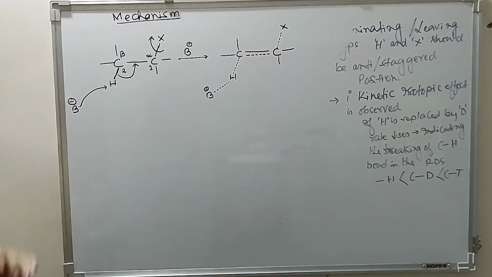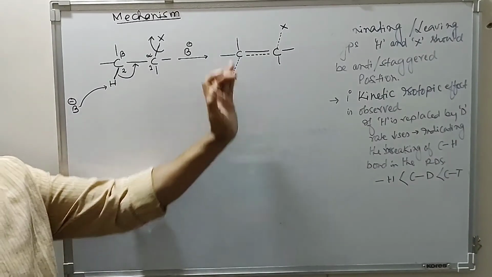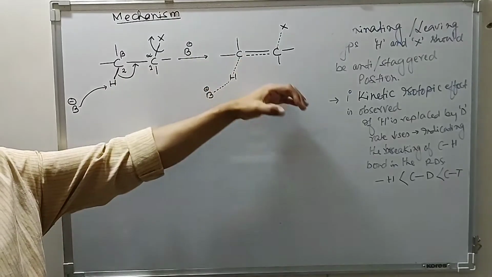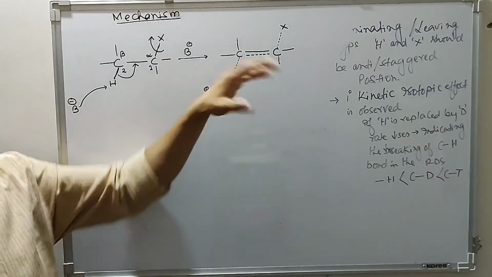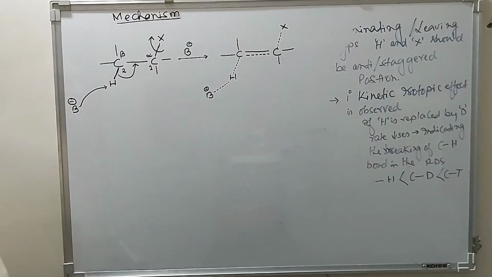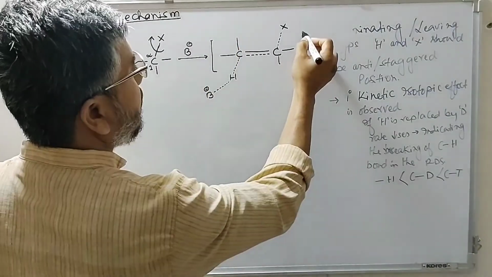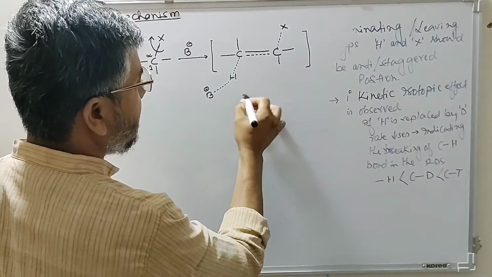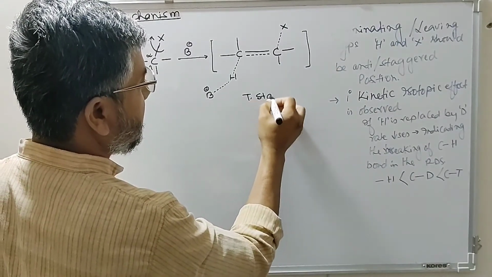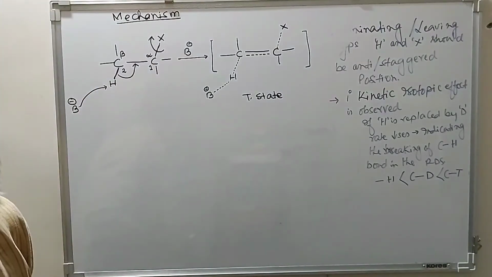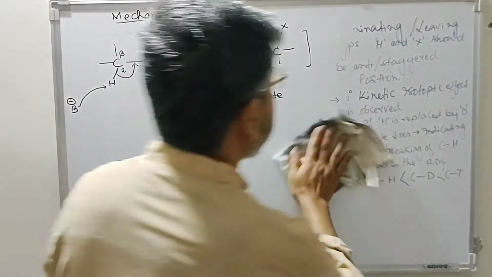So there is a simultaneous formation of bond as well as breaking of a bond. Since all this breaking and formation is taking place simultaneously, this is assumed to be a concerted mechanism. This particular state is what we call as transition state. So reaction is assumed to proceed via this formation of transition state.